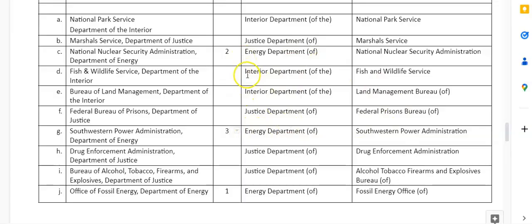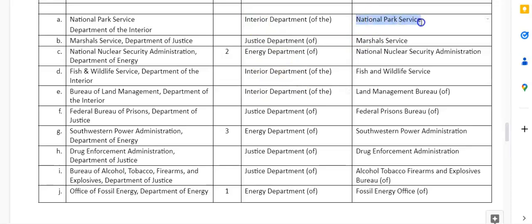Now that I've gotten through all of my E's, I want to go through the next letter, and that's going to be my I's. So I have about 3 Interior departments. Because all of these are the same, I'm going to then go to my level 3.